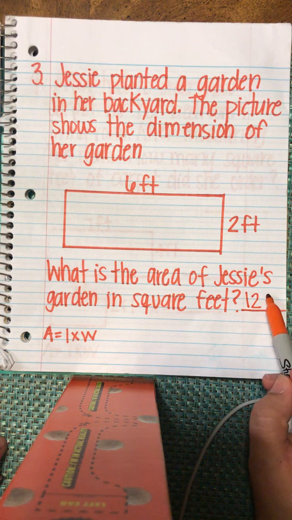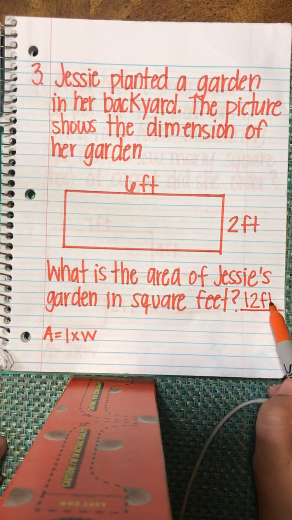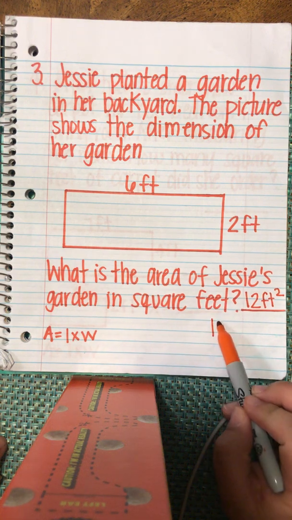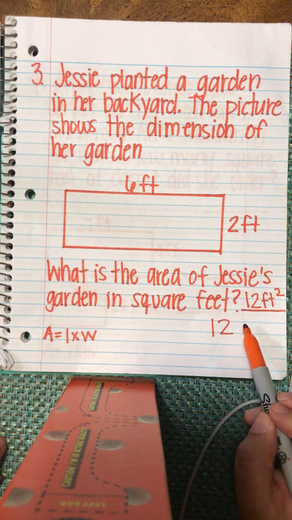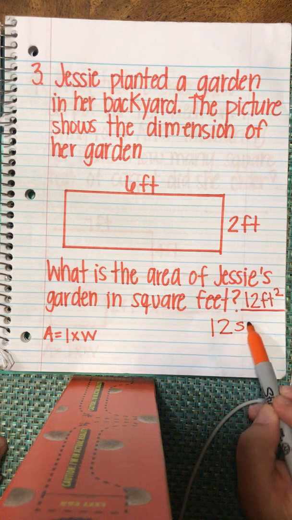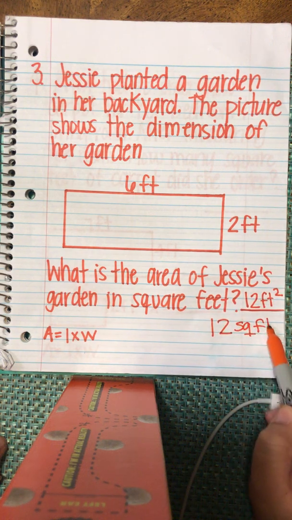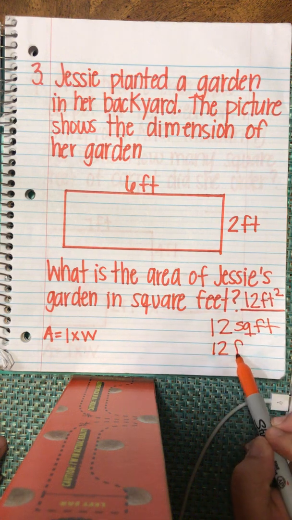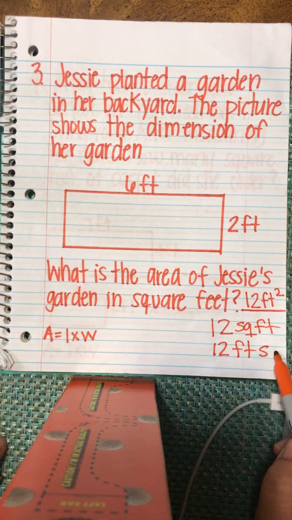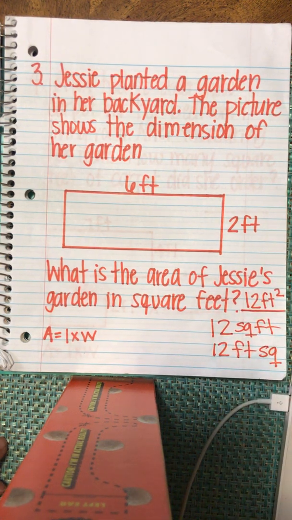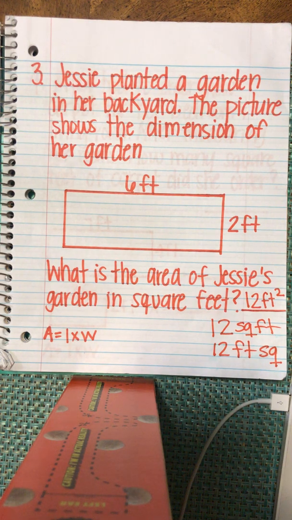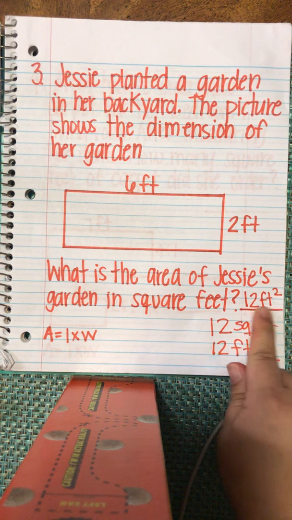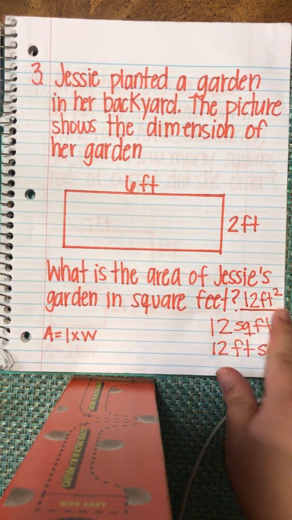So this is where you can either go 12 square feet, or you can do 12 feet squared. So those are options of the ways that you can answer your question, but the one that we tend to use is the very first one that I wrote.